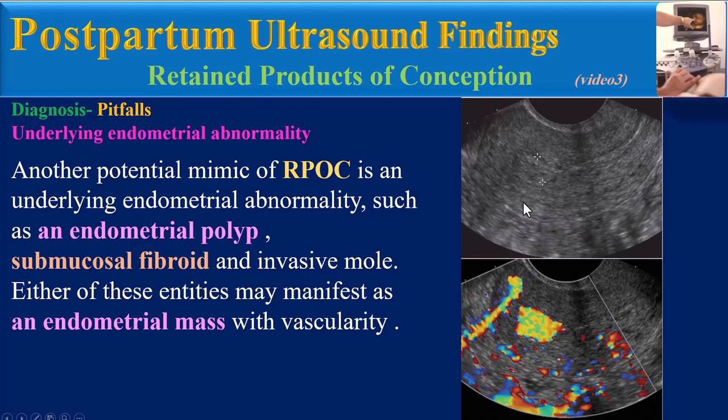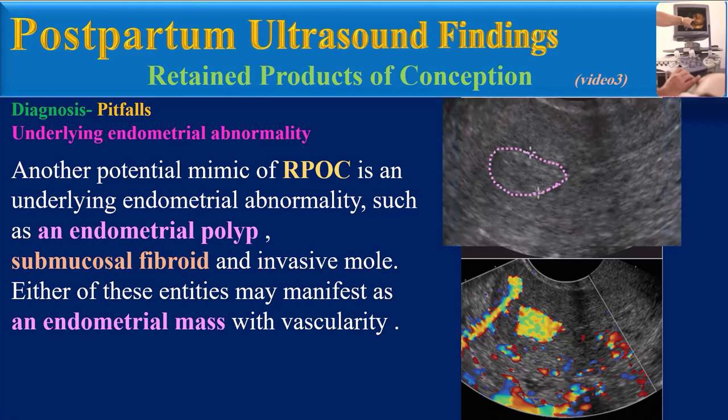These images are related to a pathologically proven endometrial polyp in a 23-year-old woman with vaginal bleeding who had undergone medical termination of pregnancy 2 months earlier. This longitudinal grayscale ultrasound image shows an echogenic mass with small cystic spaces within the endometrium.